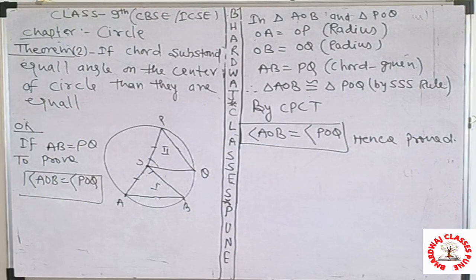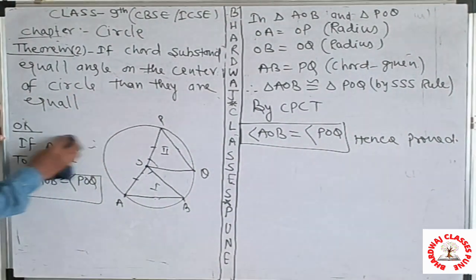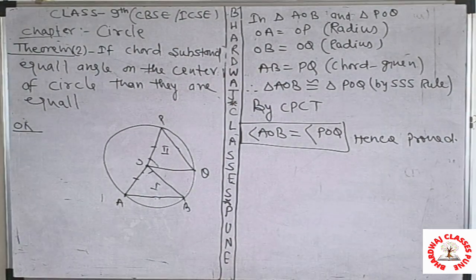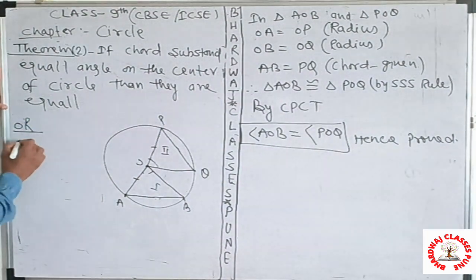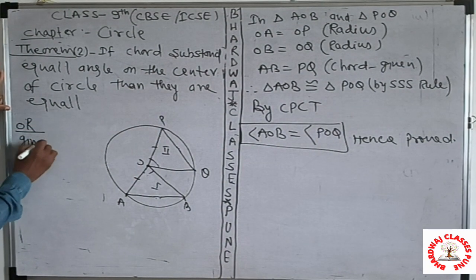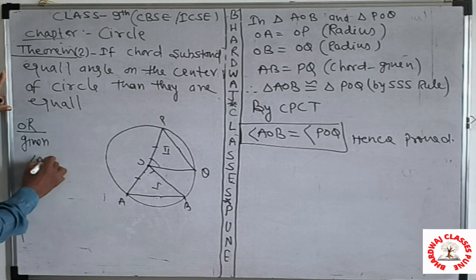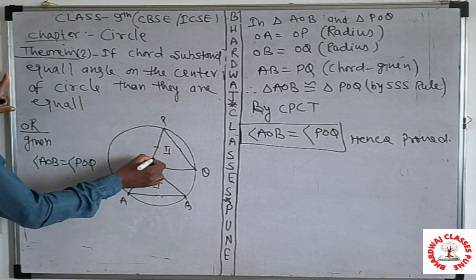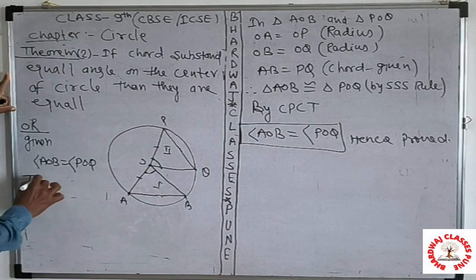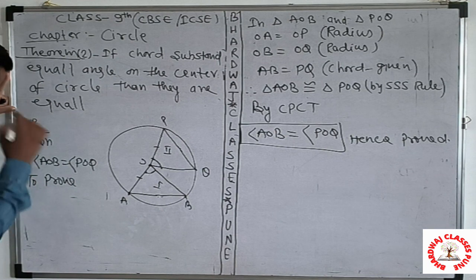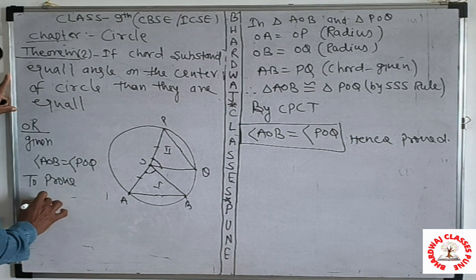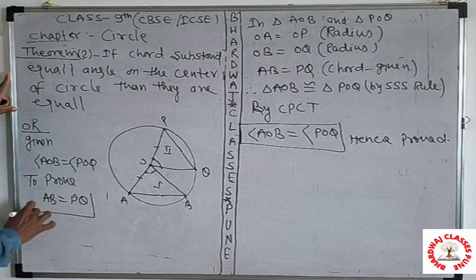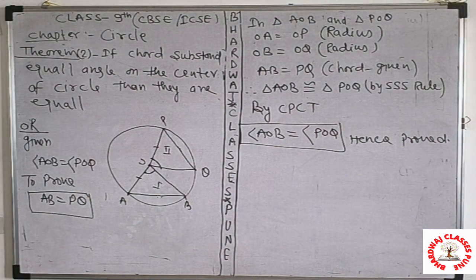That means it is just the converse of the first theorem. This is theorem number 2. In this theorem it is given that angle AOB is equal to angle POQ, this angle is equal to this one, and you have to prove that AB is equal to PQ.